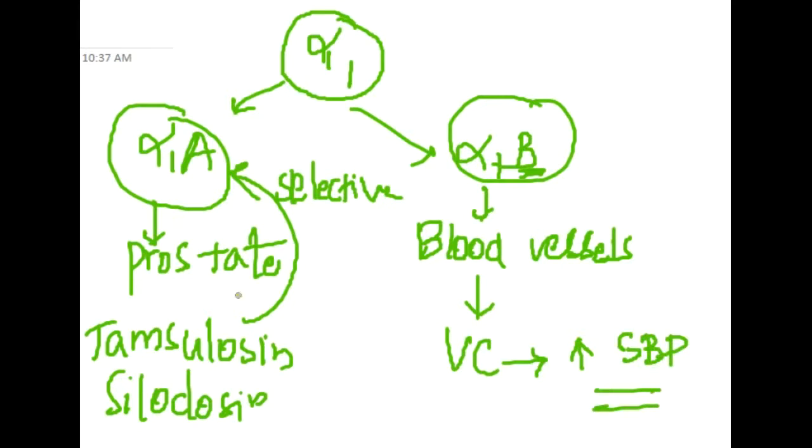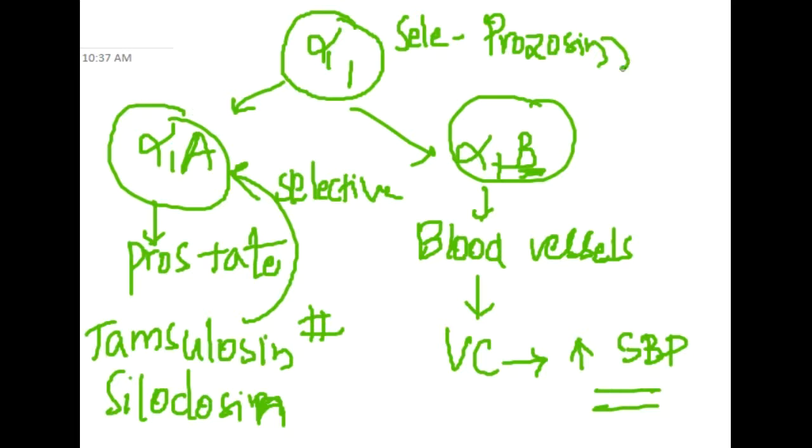So the blockade action of tamsulosin and silodosin is mainly on alpha 1A, whereas normal selective alpha 1 blockers like prazosin block both alpha 1A and alpha 1B. When prazosin blocks alpha 1A, this action on the prostate is utilized in benign prostatic hyperplasia, but if it blocks alpha 1B, there is no vasoconstriction.